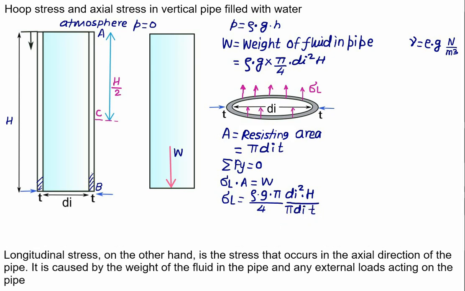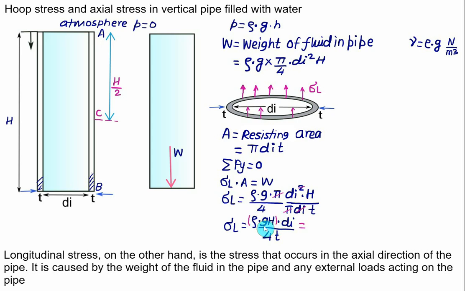So let's cancel out some terms. Pi will get cancelled, and one of the d will get cancelled. So we have the axial stress, that is the longitudinal stress, equal to the product of rho multiplied by g multiplied by H. Rho g H is the same as the pressure at point B, further multiplied by d_i and divided by 4 times T. This formula is almost the same formula that we have used previously also.